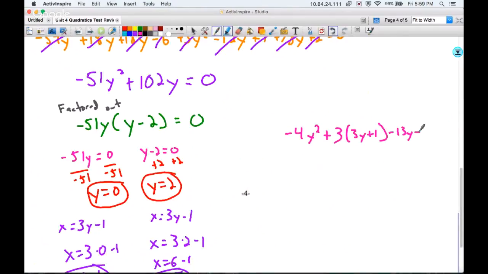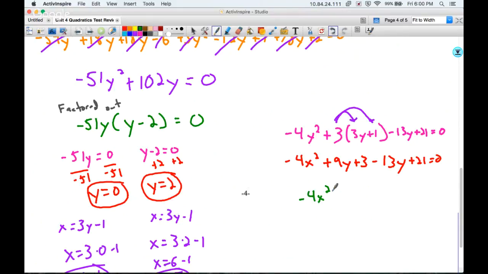First step here is going to be to distribute that 3. Now I've got -4y squared plus 9y plus 3 minus 13y plus 21 equals 0. Now I want to get together all my like terms. -4y squared minus 4y plus 24 equals 0.